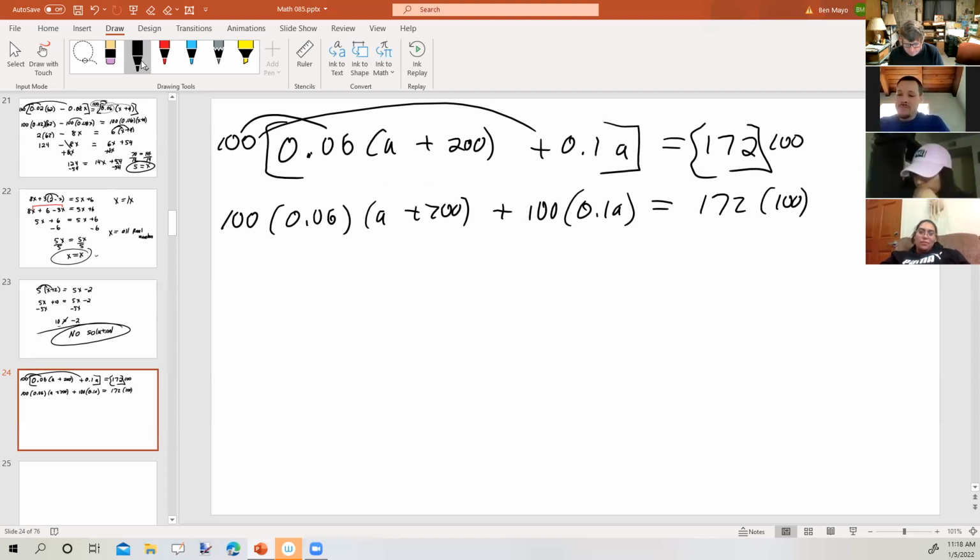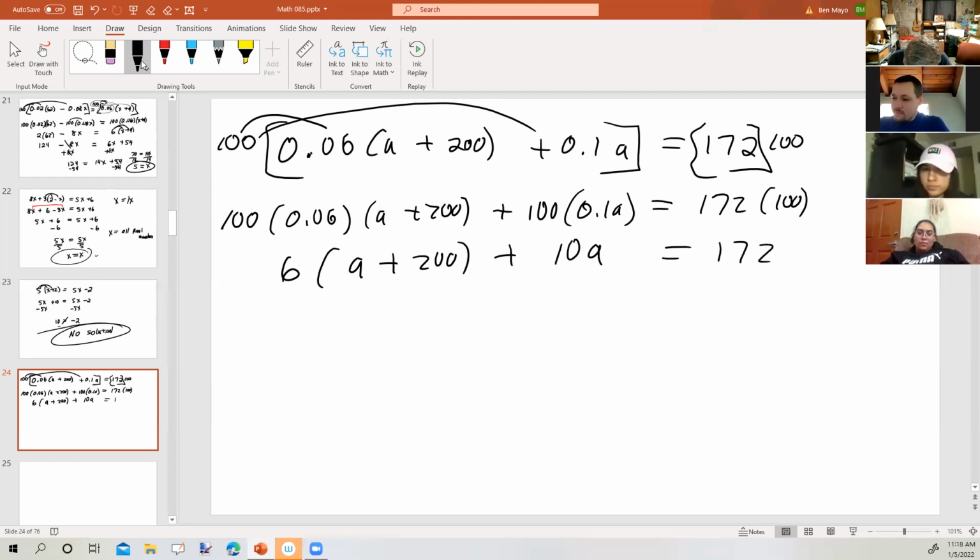Okay. 100 times 0.06 is 6. 100 times 0.1a would be 10a, right? So I'm not just getting rid of the decimal, I got to move it over 2 places. And then on the right, 17200. Okay. So the decimals are gone.